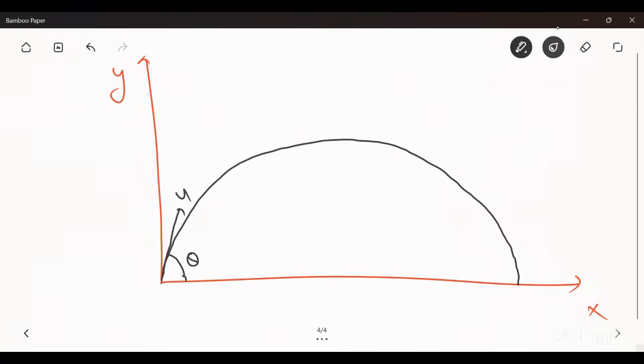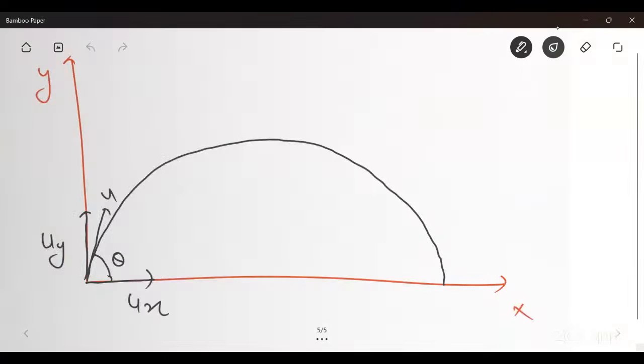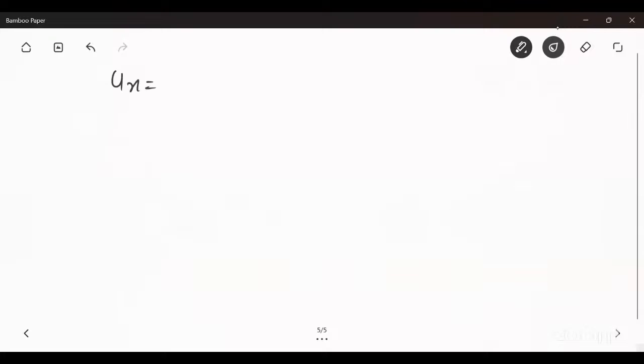This velocity is your horizontal velocity, which is ux, and this is your vertical velocity, which is uy. This ux is constant throughout the motion, and the value of ux is u cos theta.